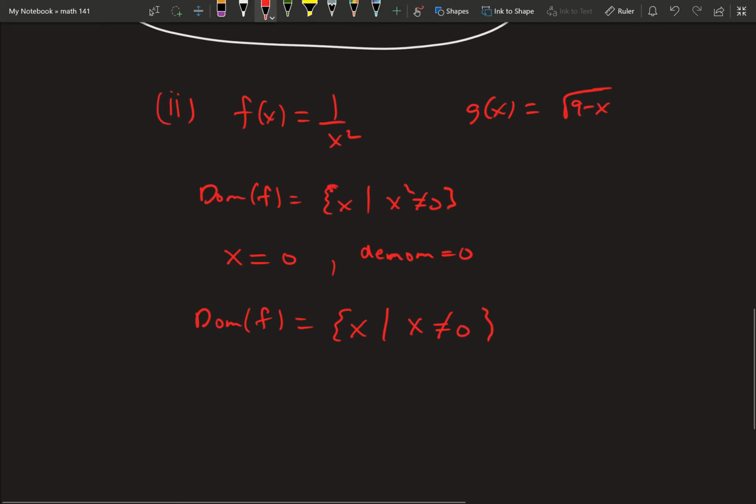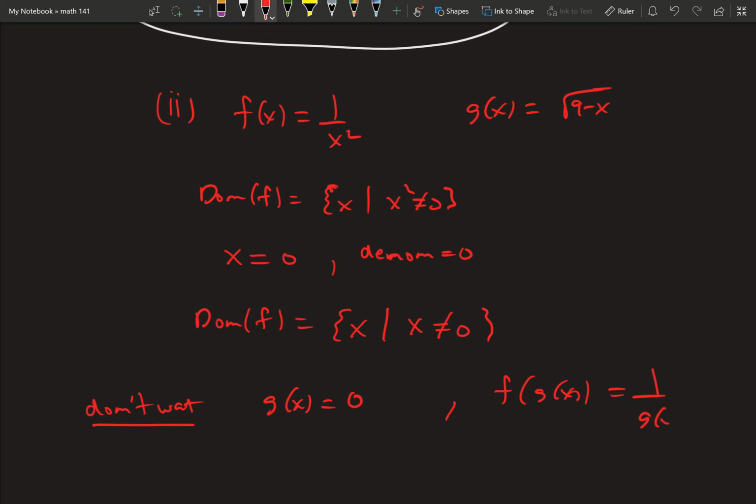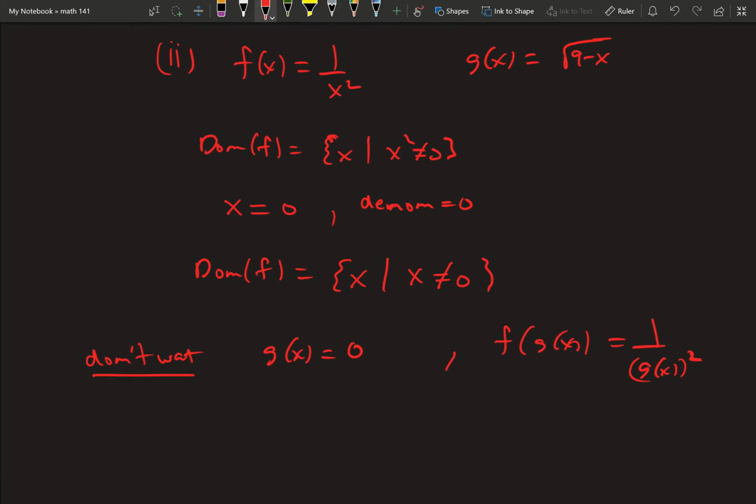So essentially what we don't want for the composition is we don't want g of x to be 0, because f of g of x is 1 over g of x squared. And since g of x would be in the denominator there, we don't want g of x to be 0, because that would make your function being divided by 0.